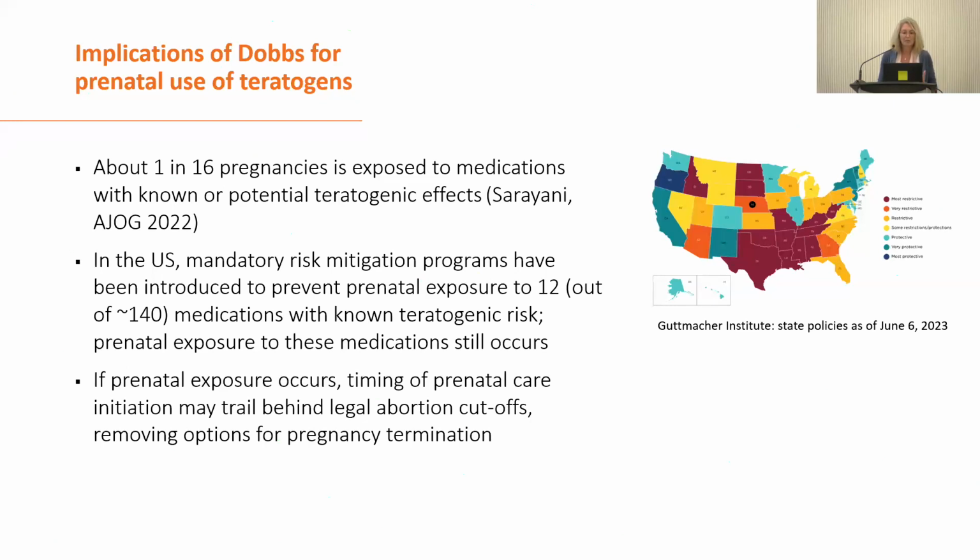The mandatory risk mitigation programs that might prevent exposure to teratogenic medications only include 12 medications in the United States. So the majority of drugs don't have any specific risk mitigation program attached to them, other than patient information that says you shouldn't take this during pregnancy.